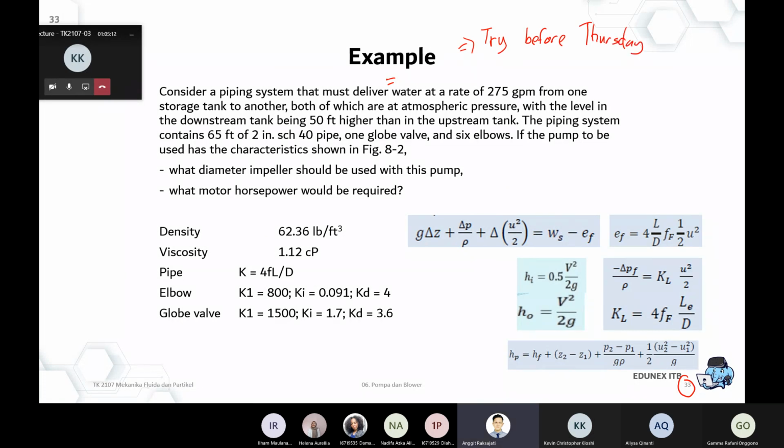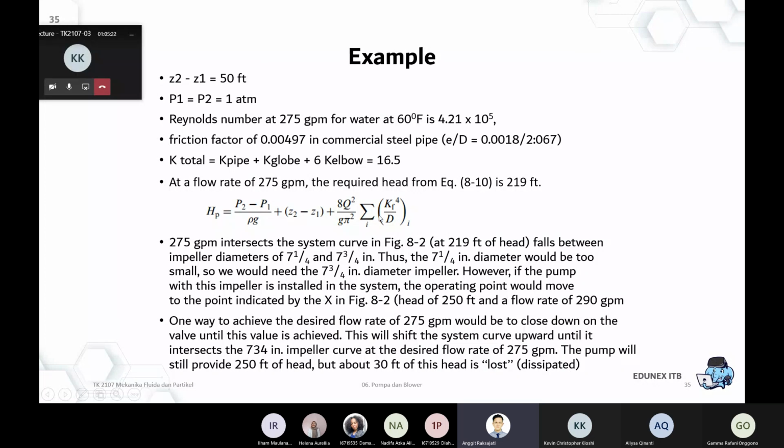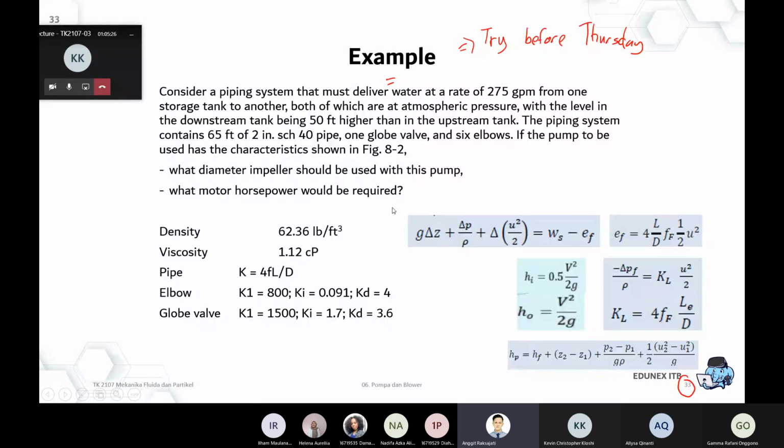The concept is simple, but it involves a lot of calculation. You can also follow the guideline provided in slides 34, 35, and 36. It looks simple, but requires a lot of time if you haven't practiced well. Calculate the pressure drop, calculate the energy equation, and so on. So try before the Thursday session.